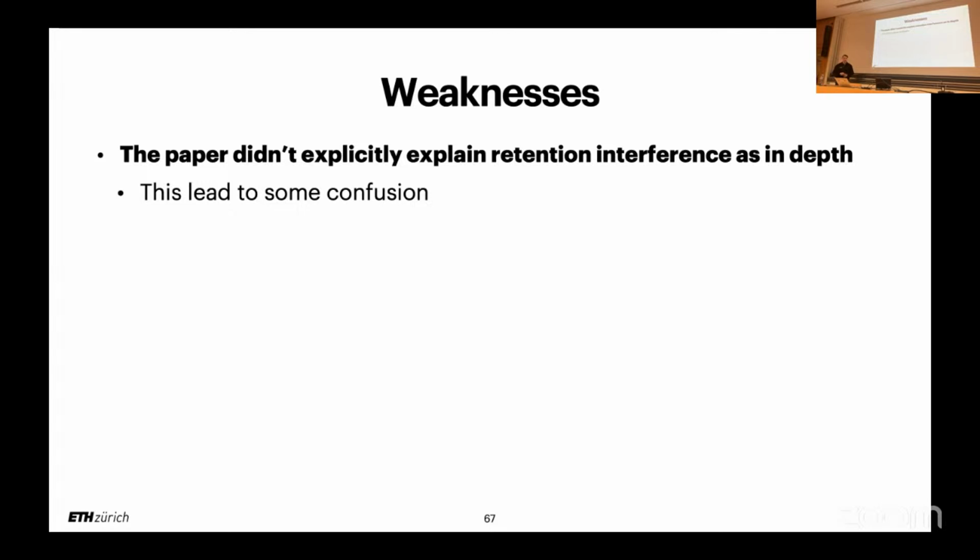So another weakness is that, as I said before, the paper didn't really explain retention interference in depth. It went into detail with process variation and early retention loss. But as I said, with the chart, it just basically said, this is the chart, and kind of figured it out.